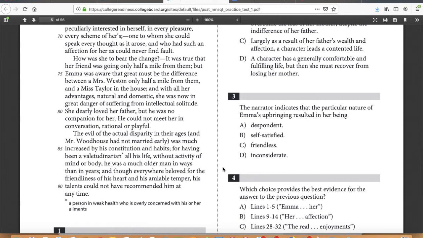What's the idea there? Is it saying that he's not healthy? It's implying that. But there's a really specific idea. Something is being increased. The difference in their ages. The difference in their ages is much increased by his constitution, or his health, and his habits.